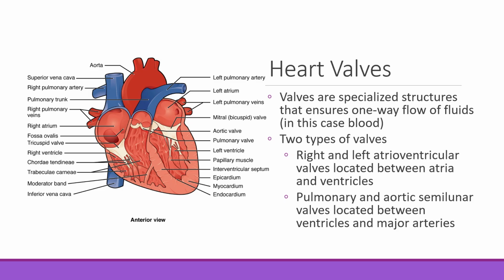Then you're going to have a pulmonary and aortic semilunar valve that's going to be found between the ventricle and the artery that it's dumping blood out into. So when you look at the pulmonary trunk, you see a white valve in there. That's going to be your pulmonary valve. And then sitting next to that, it's kind of hard to see because it's back behind there, is your aortic valve.